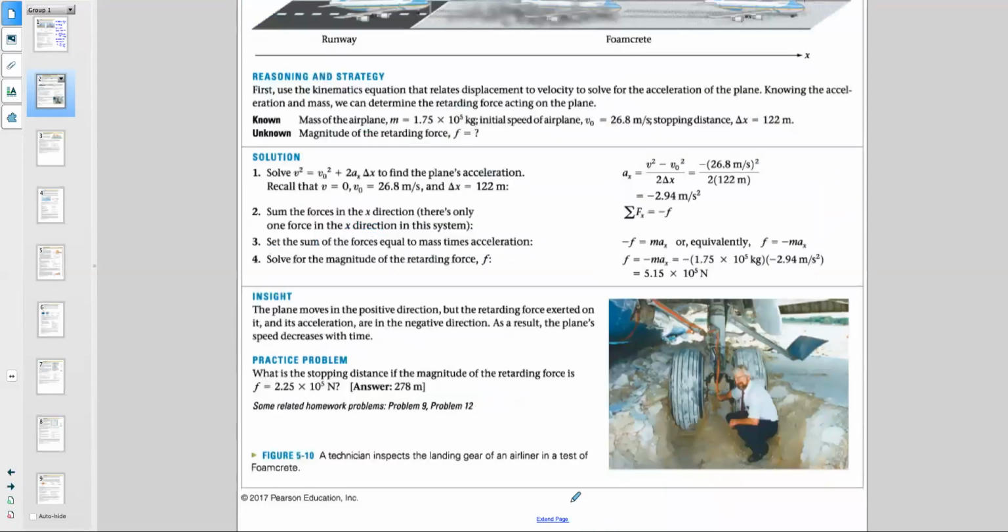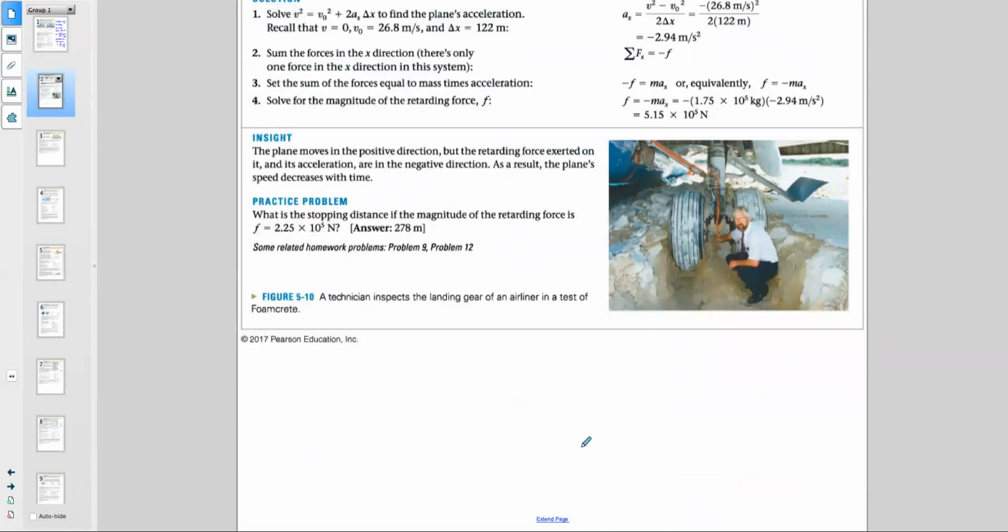First of all, something very important to notice is that in sigma F equals ma, a is a vector and F is a vector, and m is a scalar. m does not have a direction.